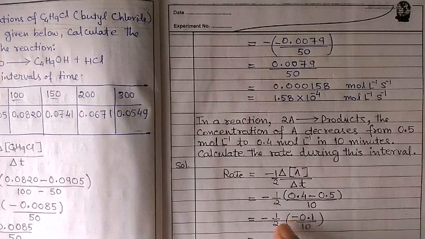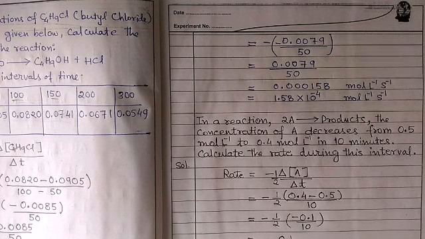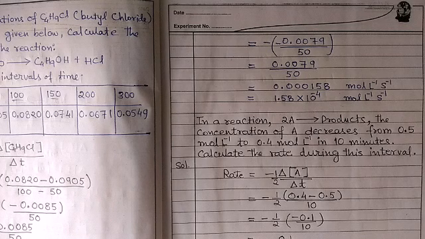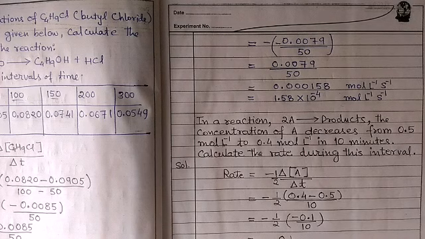Negatives are cancelled, they become plus, and 2 is multiplied to 10. On calculating further, this is going to become 0.005. Now what will be the unit? We have concentration, mole per liter per minute. This will be the answer for this particular problem.